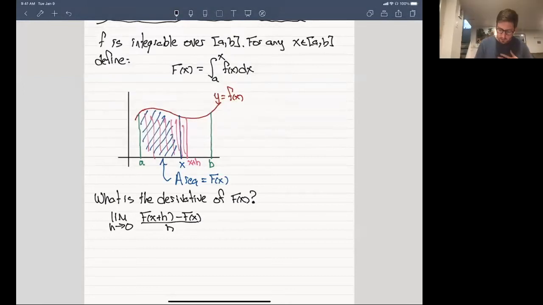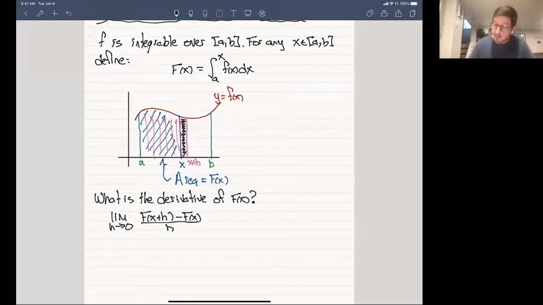Okay, so then that tells me that the area in just this little sliver right here is exactly equal to F of x plus h minus F of x. It's the area left over. And so the question is, how do I approximate that area?